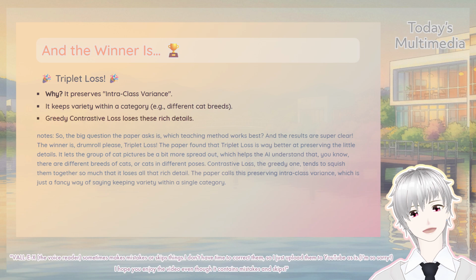So, the big question the paper asks is, which teaching method works best? And the results are super clear. The winner is, drumroll please, Triplet Loss. The paper found that Triplet Loss is way better at preserving the little details. It lets the group of cat pictures be a bit more spread out, which helps the AI understand that there are different breeds of cats, or cats in different poses.